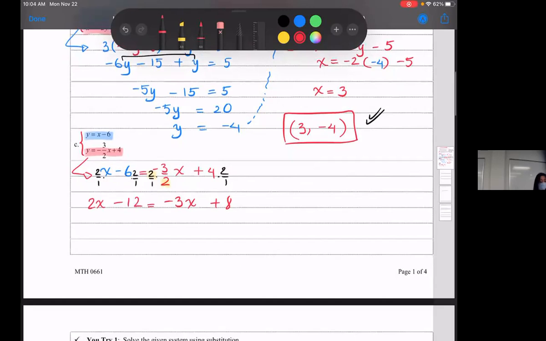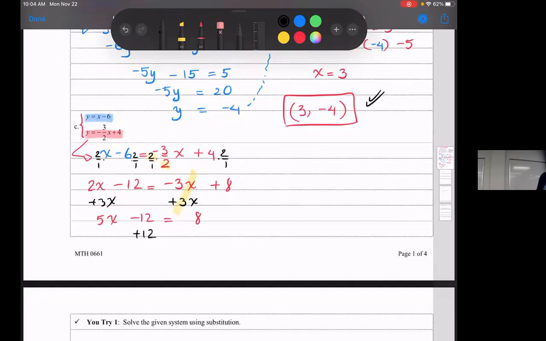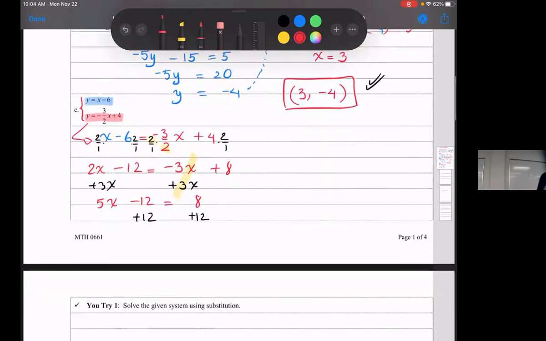Otherwise, my answer will be all wrong. Add 3x both sides. That's gone. I have 5x minus 12 equal positive 8. And then add 12. So I got 5x equal 20. That means x equal 4.